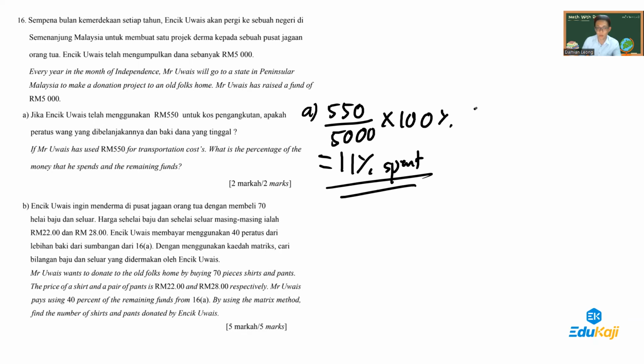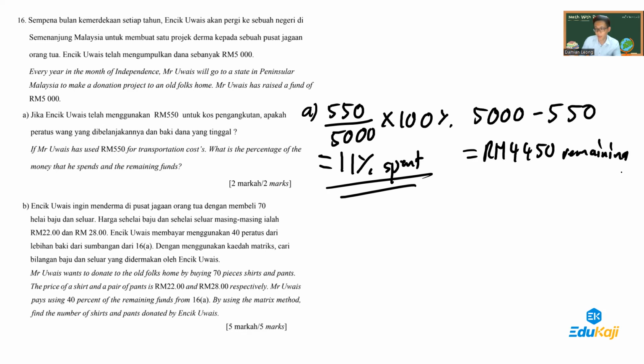And remaining funds will be 5,000 minus the 550 spent. So 4,450 ringgit remaining. Yeah. And for B, Mr. Wise wants to donate to the old folks home by buying 70 pieces of shirt and pants.